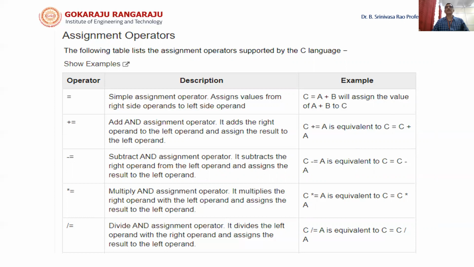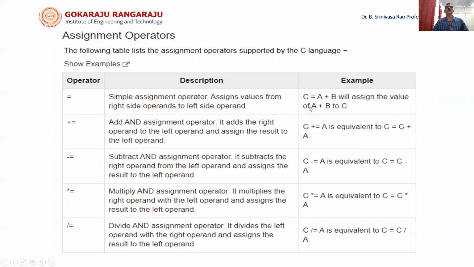Now here we can see varieties of assignment operators. One is the ordinary equal to symbol, which is not equality in the case of C programming. It is only assignment. It assigns right hand side to left hand side. And then we are seeing some special types of assignment operators: plus assignment operator, minus assignment operator, star assignment operator, slash assignment operator, and so on.